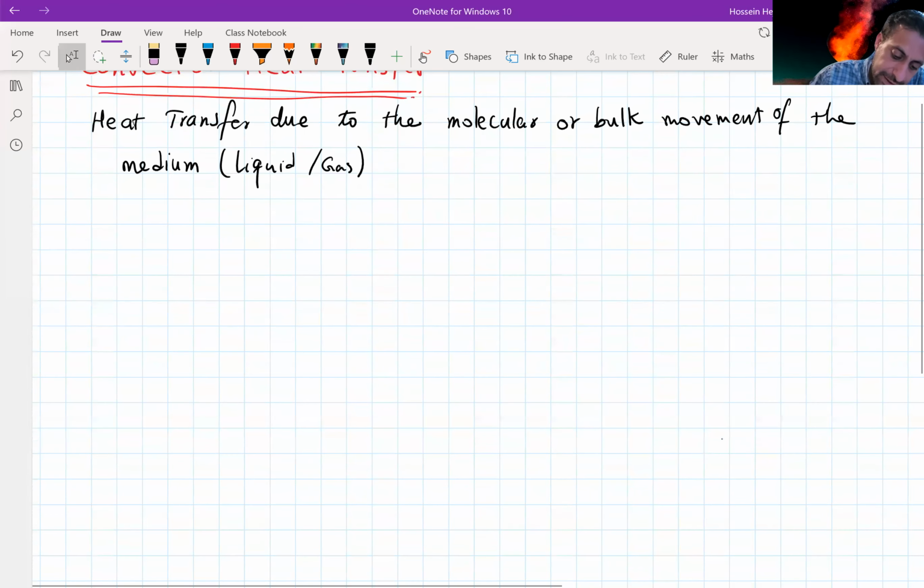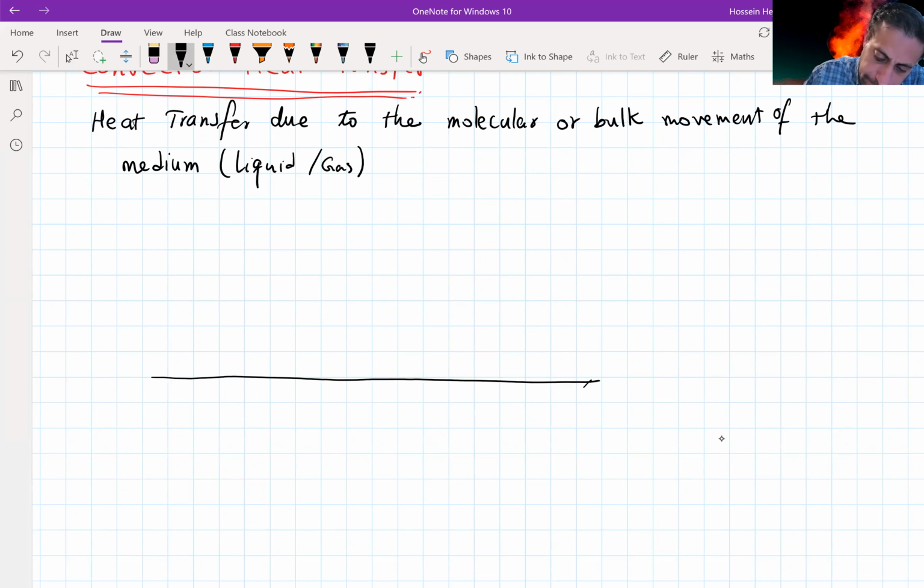Suppose that we have a solid surface, and there is a fluid that is moving on top of this solid surface.